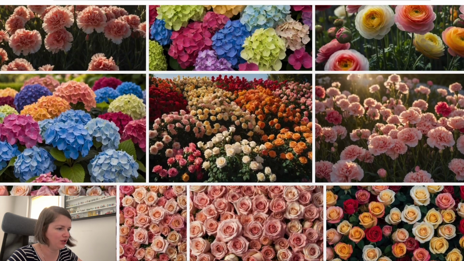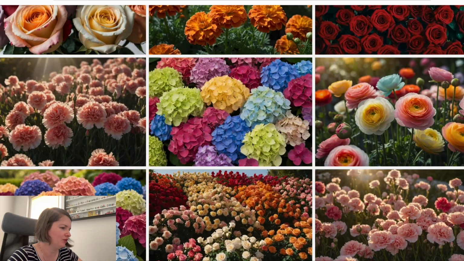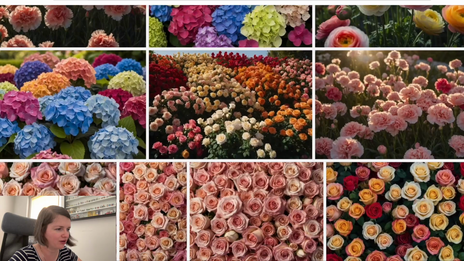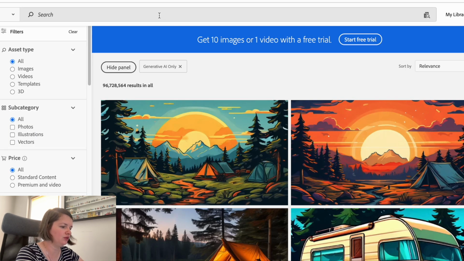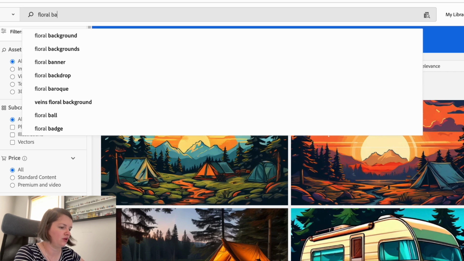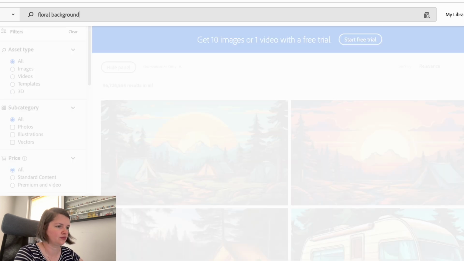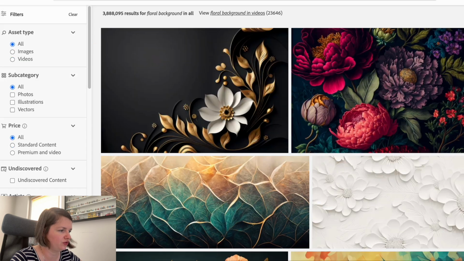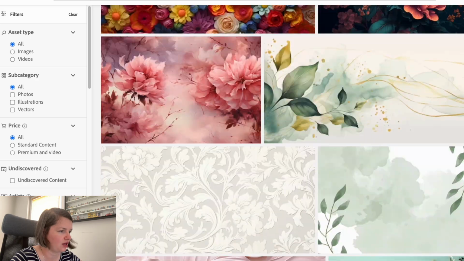So the flowers, of course you can generate floral backgrounds, but there are really a lot of them. You can see it's almost 4 million images for floral backgrounds.